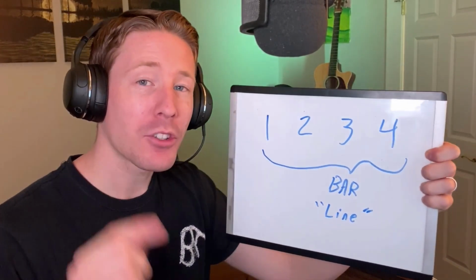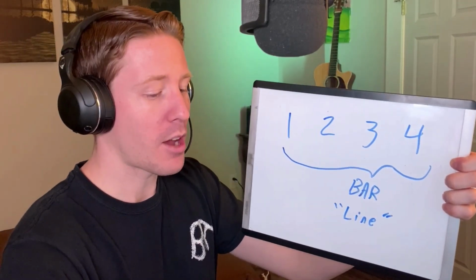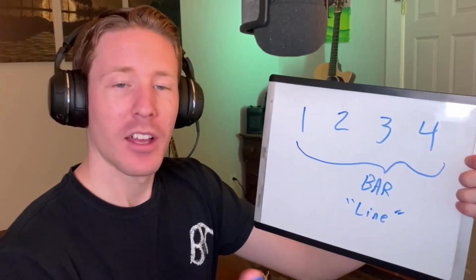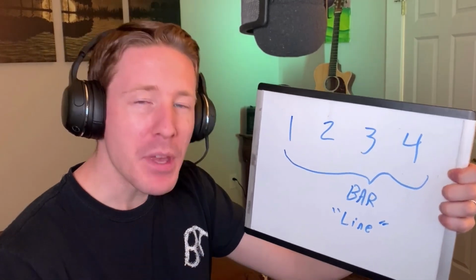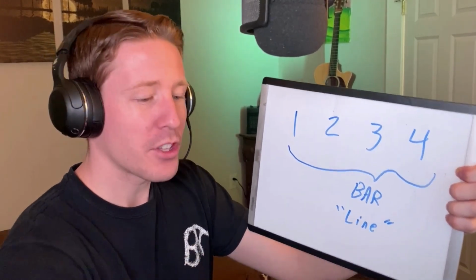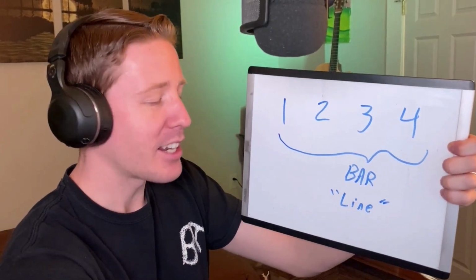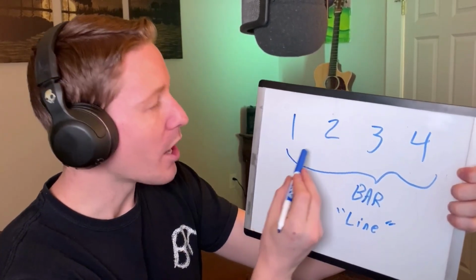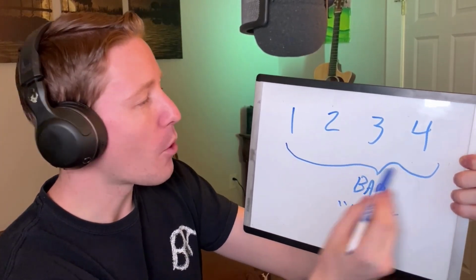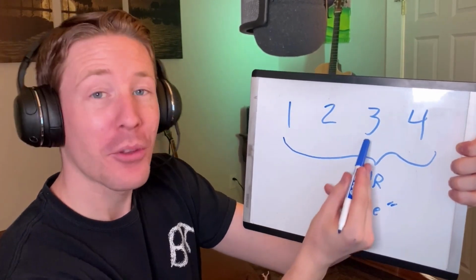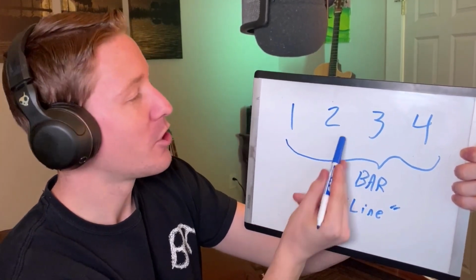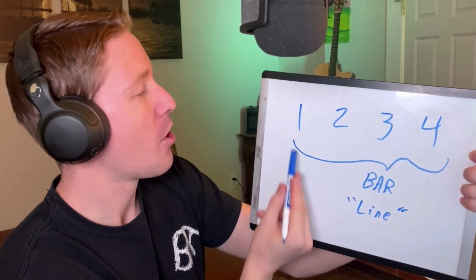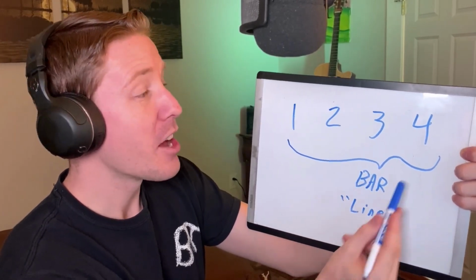Here's how you would count along to some music with these numbers. Try to feel the beat of this rhythm, and the beat is kind of like the part that you bob your head to. 1, 2, 3, 4, 1, 2, 3, 4.